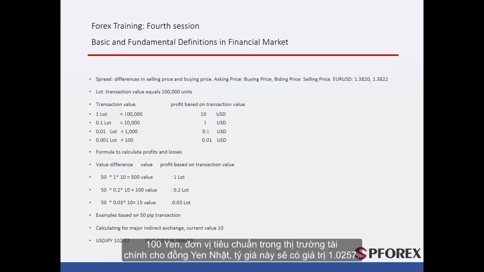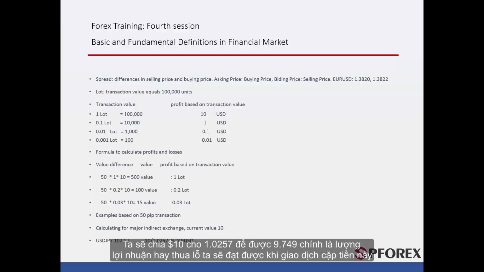So we must divide 2 by 102 to get 0.02, which will add to it. We must then divide 10 by 1.257, which is one hundredth of the exchange rate, to give us 9.749, which is the amount of profit or loss we will make on exchanging these currencies.